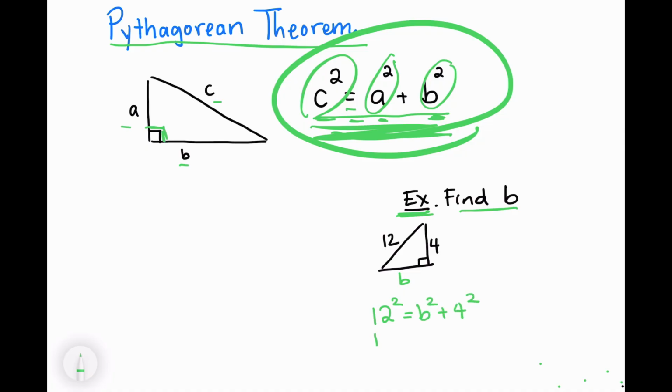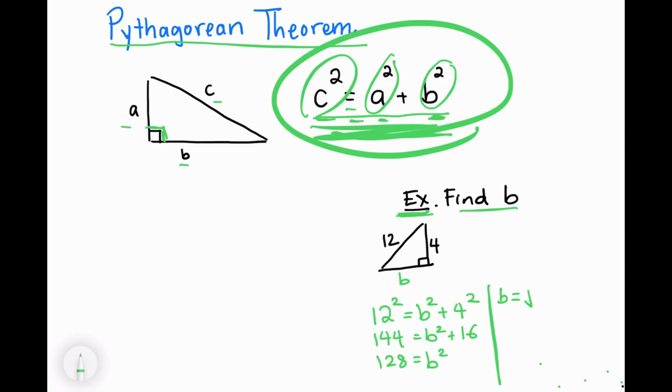So this is 144 is equal to b squared plus 16. And that tells me b squared is equal to 128. Now I'm going to solve this for b, but I'm just going to take the positive root just because it's a length, so negative wouldn't make sense.